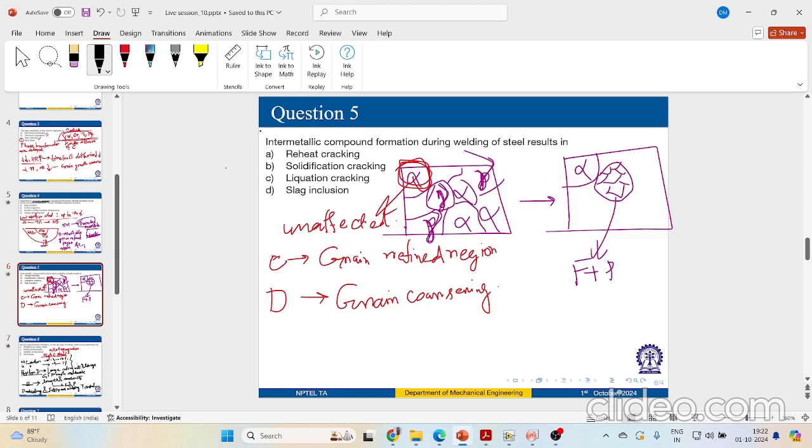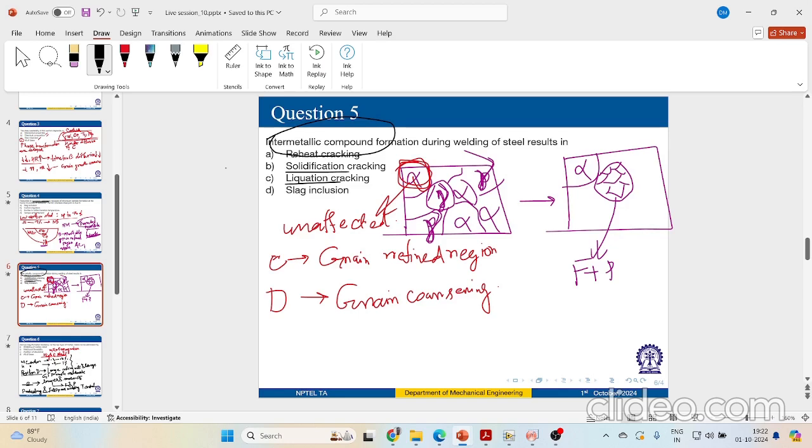So I ask about intermetallic compound formation during welding of steel. If you are having intermetallic compound formation during welding of steel, what are those? Of course, solidification cracking and liquefaction cracking are not related with formation of intermetallic compounds. In reheat cracking, I talked about carbide precipitation, right?